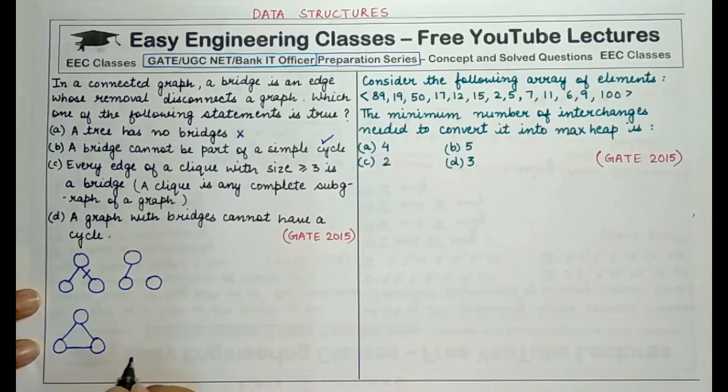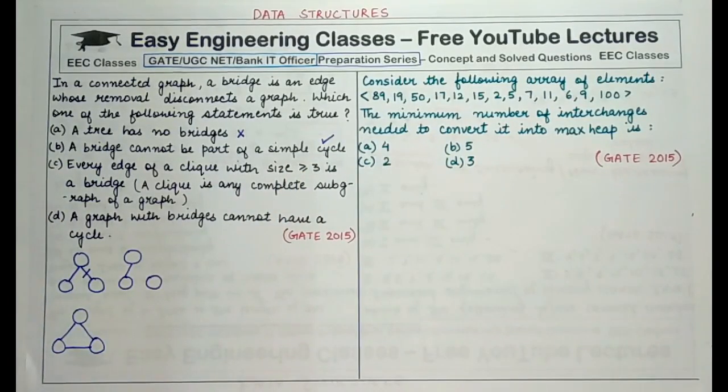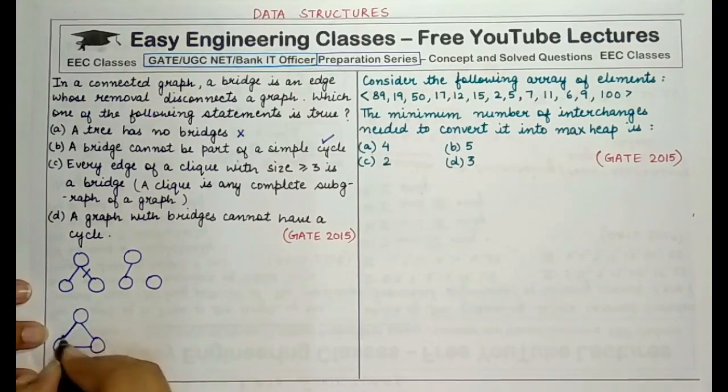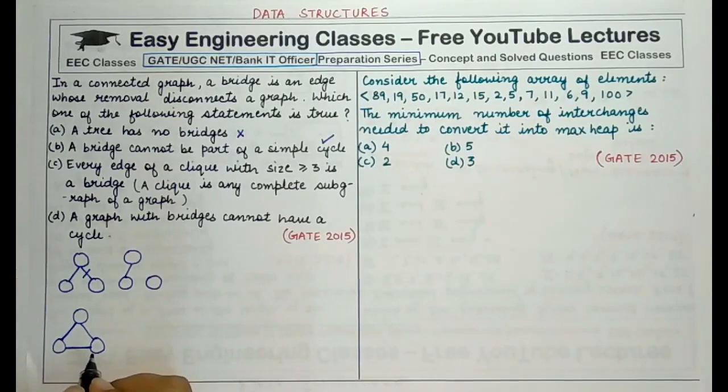In a cycle, every vertex will be connected with other vertices in more than one way, or using 2 ways or more, because in a cycle there are redundant edges. The removal of such redundant edges will not disconnect the graph. The graph stays connected even when these redundant edges are removed.